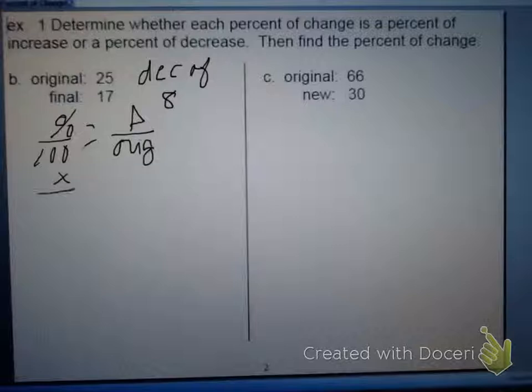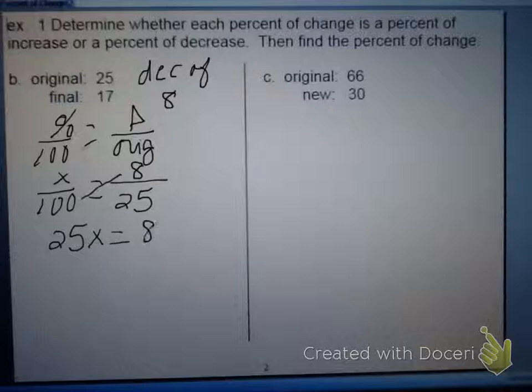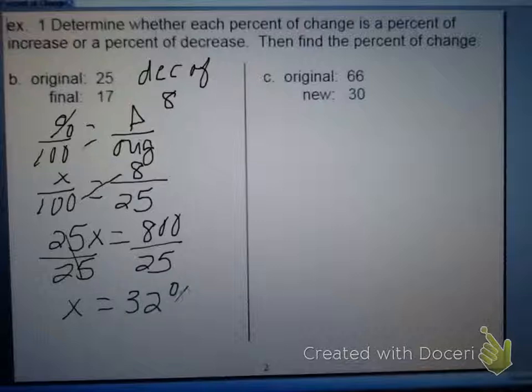We don't know the percent, it's x over 100 is equal to the amount of change, 8, over the original, 25. Cross multiply, that's 25x is equal to 100 times 8, which is 800. Divide by 25. And we get x is equal to 32%.